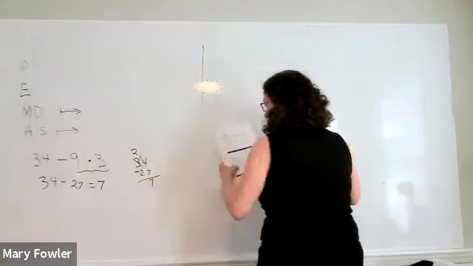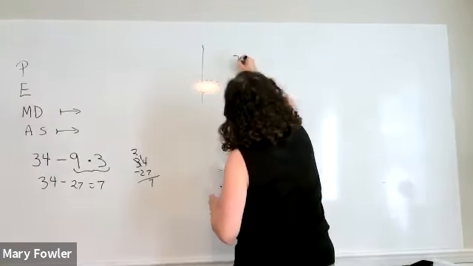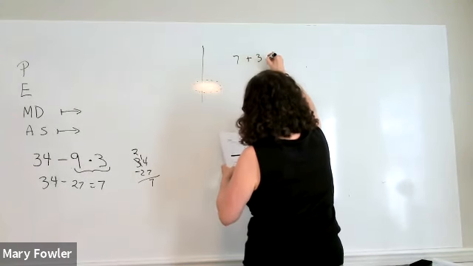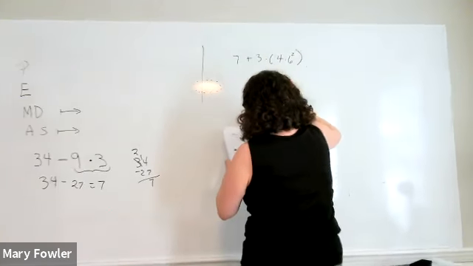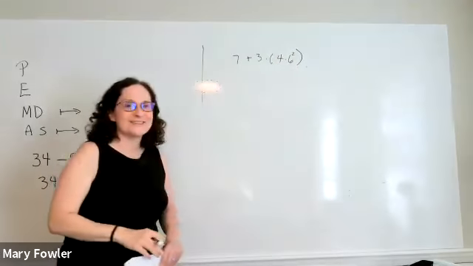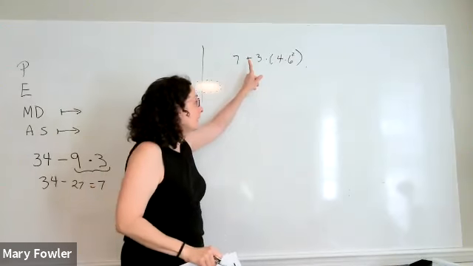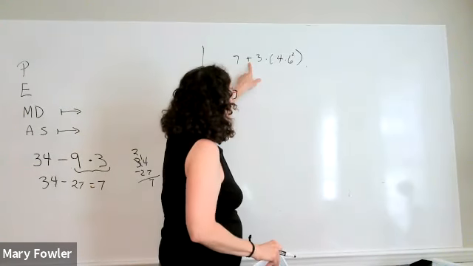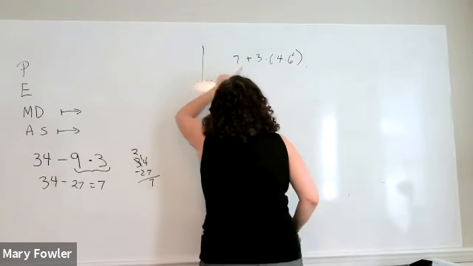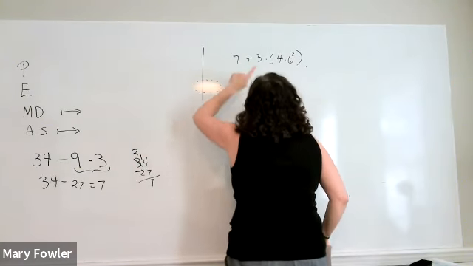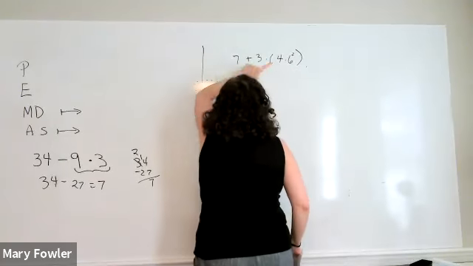And then we'll just do the next example. 7 plus 3 times 4 times 6 squared. Okay. So looking through, we do have everything now. We have an addition. We have a multiplication. We have some parentheses, and we have an exponent.